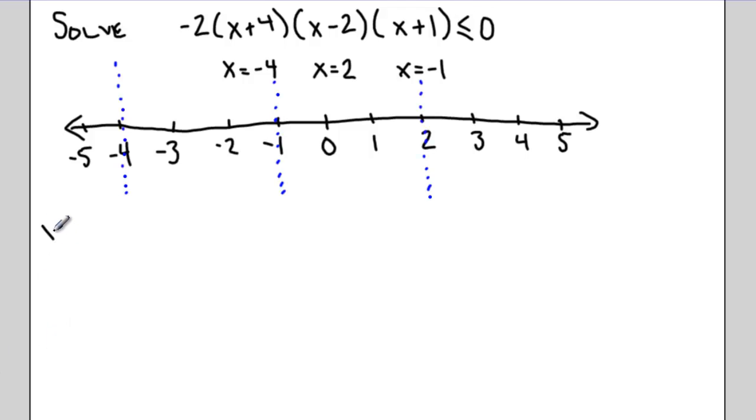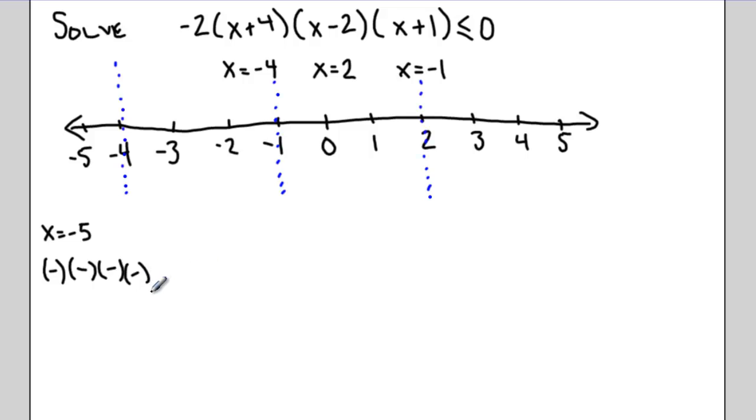So I'll test first a value of x equals -5. If I sub -5 into my factors, I get a negative factor, a negative factor, and a negative factor, and this a value is also negative, so I need to take that into account.